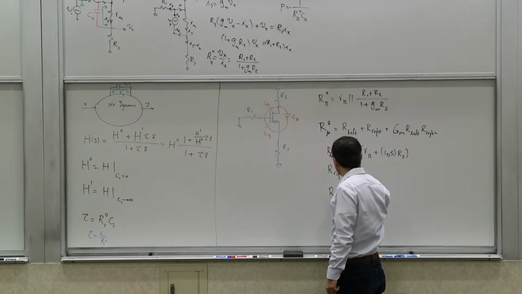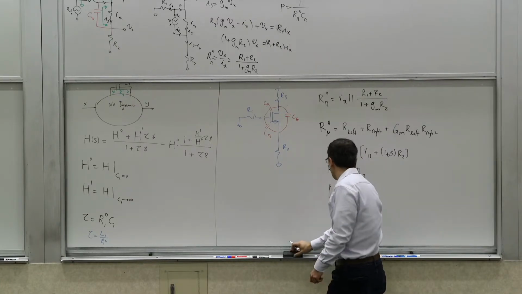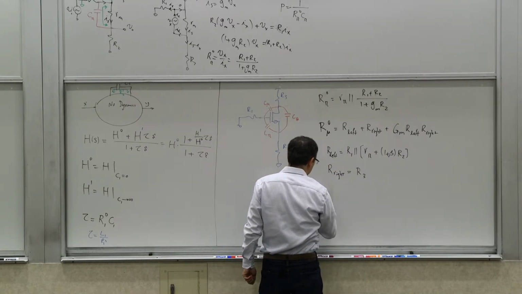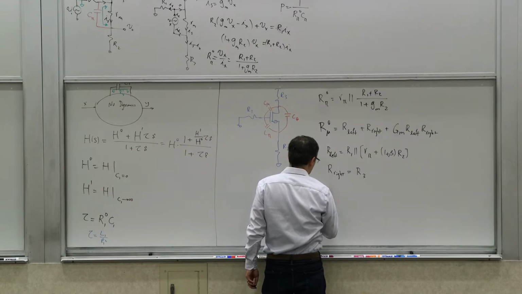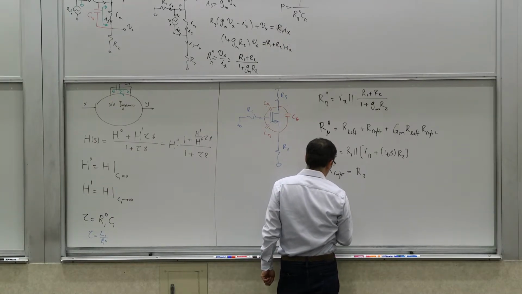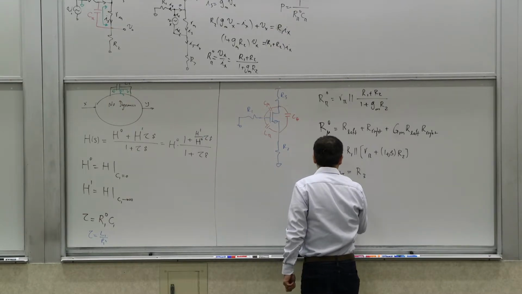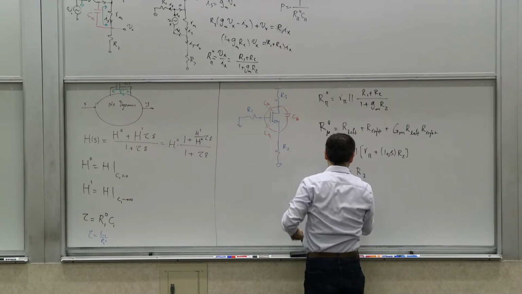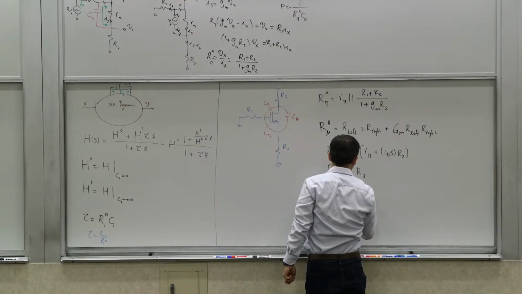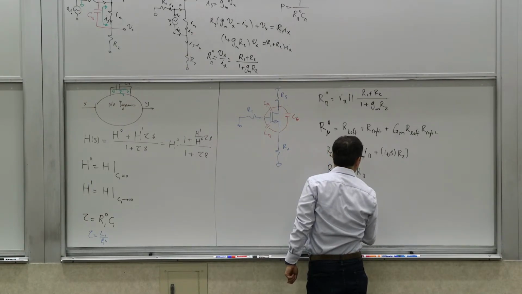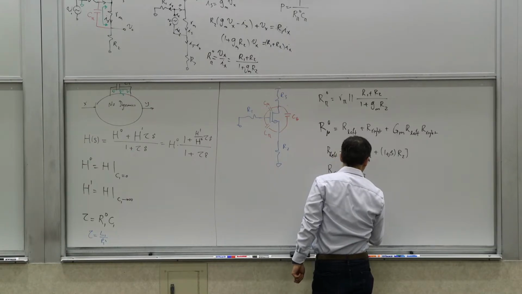And the third resistor, which is R theta 0, is approximately, if you assume a large beta, this resistor plus that resistor scaled by 1 plus GM R2.